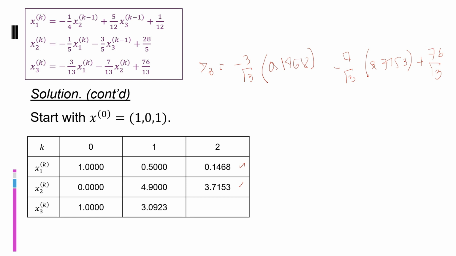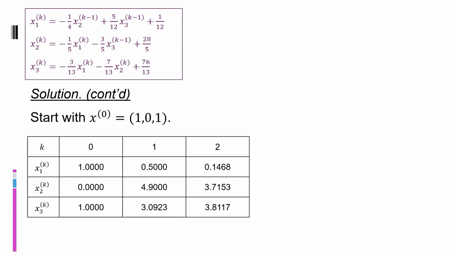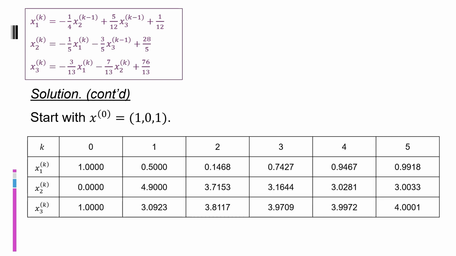And that is equal to 3.8117. At pag inulit natin ng inulit yung iteration na yan, we will have these values. So observe that x sub 1 approaches 1, x sub 2 approaches 3, and x sub 3 approaches 4. Therefore, our solution is 1, 3, 4.